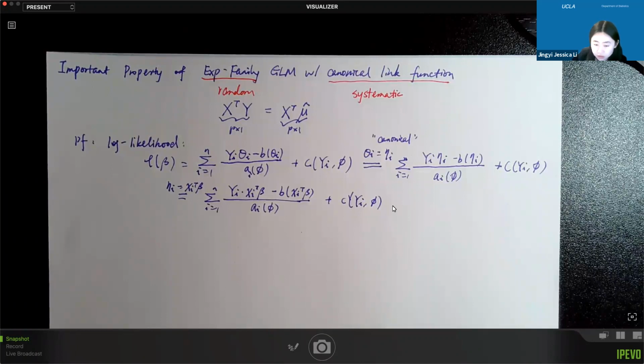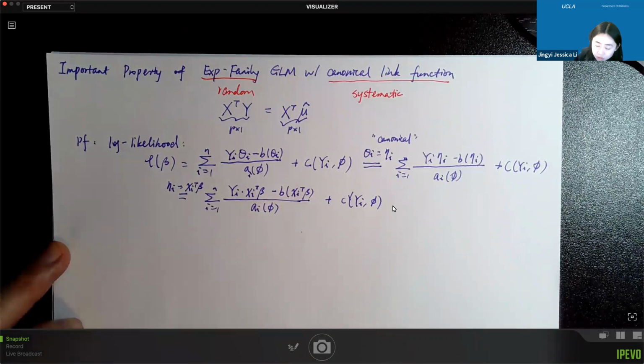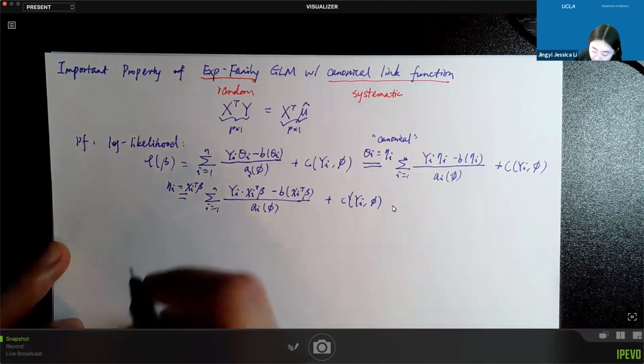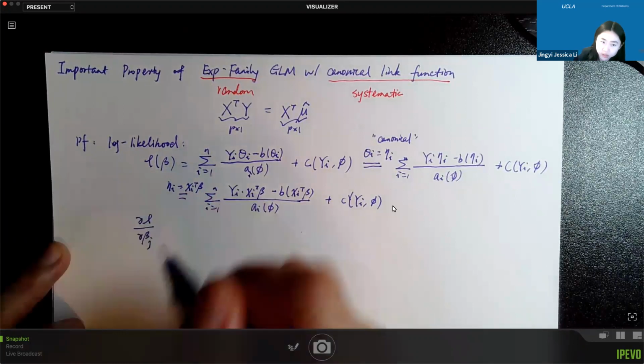In order to do that, we know a gradient here is a vector whose dimension is equal to the dimension of beta. So it should be p-dimensional. So what we need is each element of the gradient, which we call a partial derivative. So we have partial L over partial beta j, for the jth component.